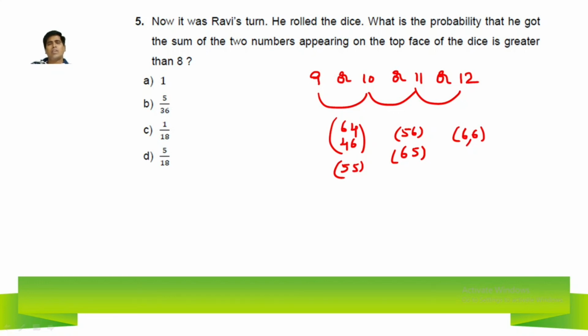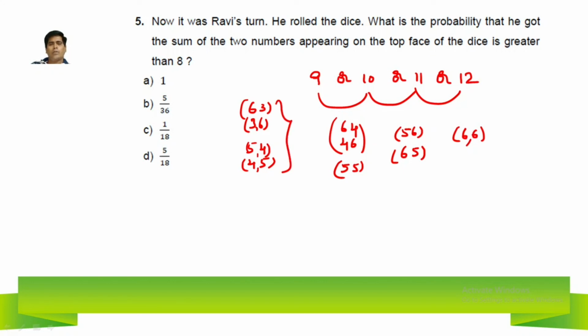For 9 we have many ways. 6 3, 3 6, this is one way. 5 4, 4 5, so this is one combination. I think we have 4 combinations, that's it.